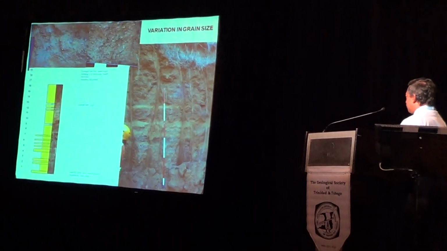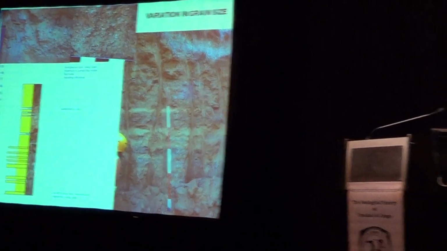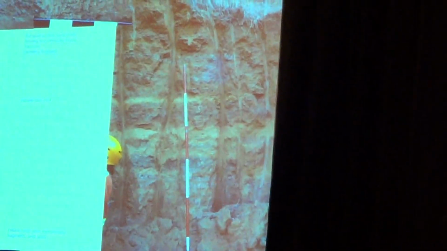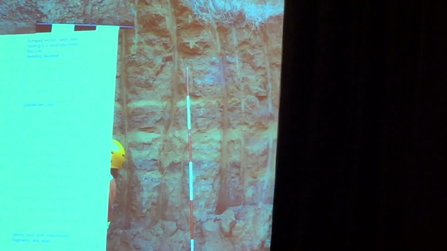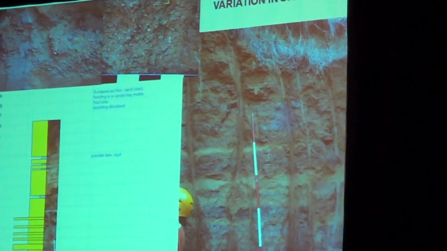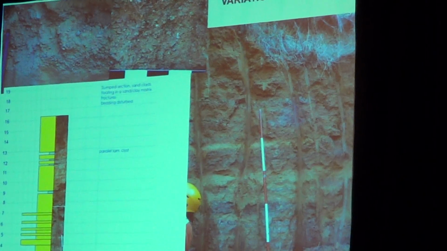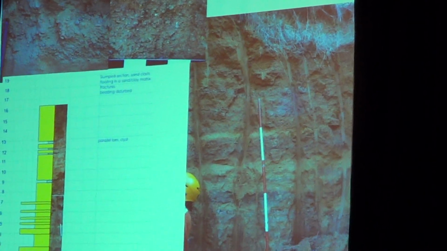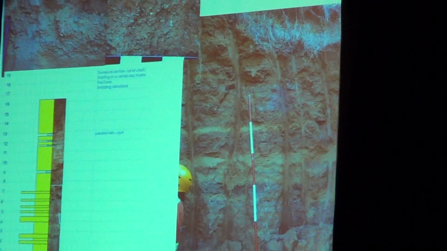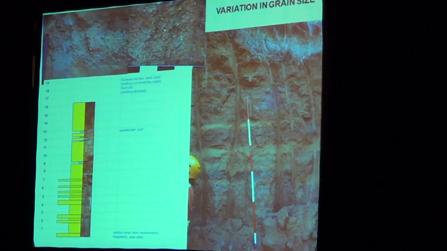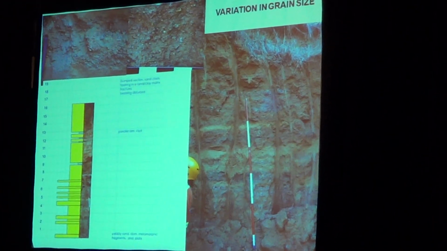You can see these color differences. These darker units actually represent these very coarse, almost pebbly units. And what you're seeing here is dominantly two types of grain: small white quartz pebbles and black lithic stuff. So it seems that a lot of this material we're getting here is originating from the Northern Range.